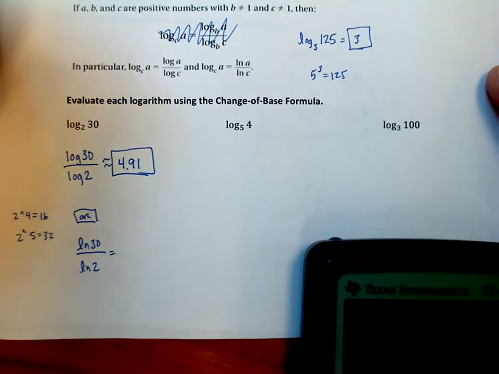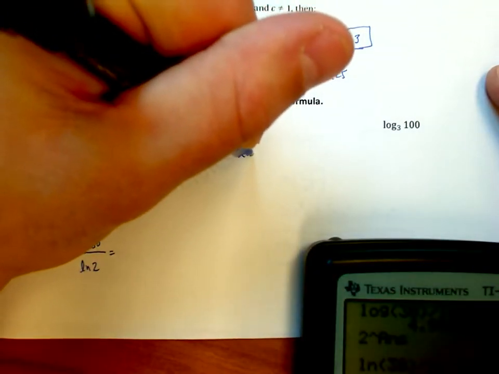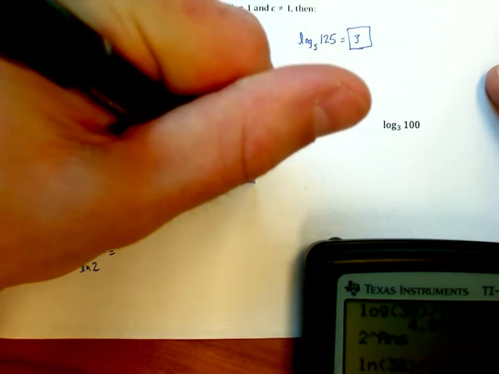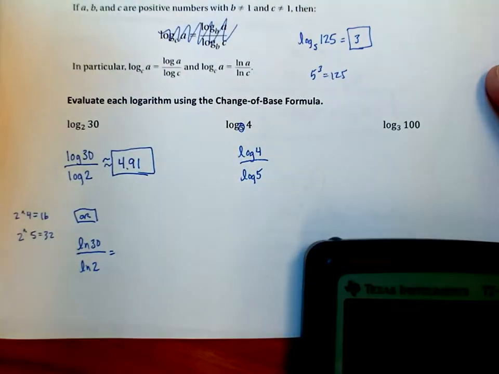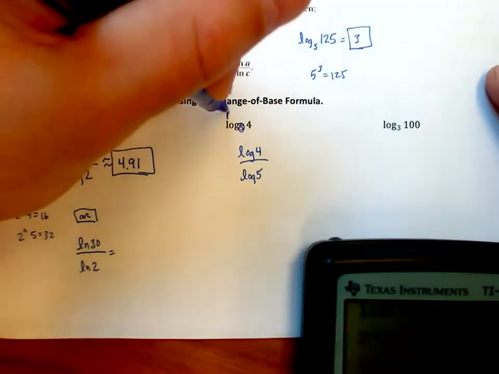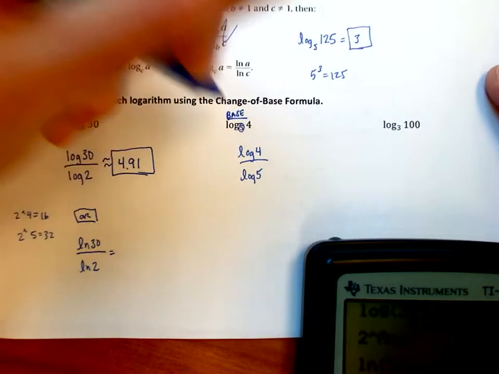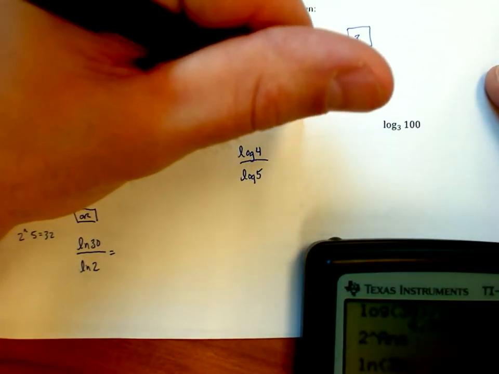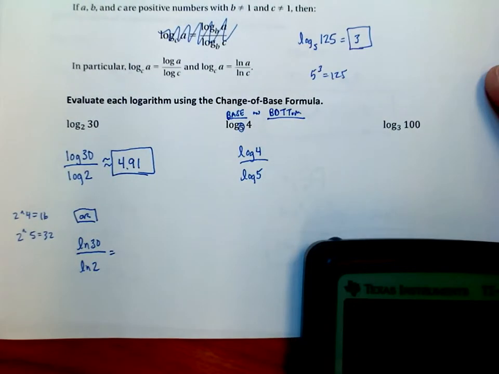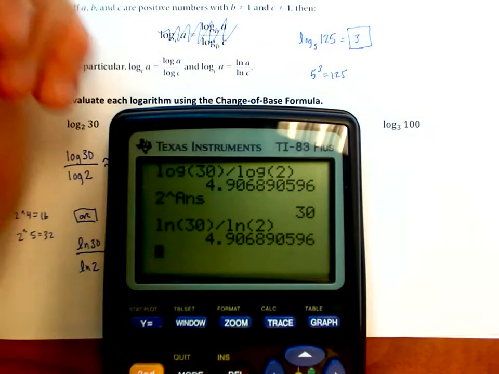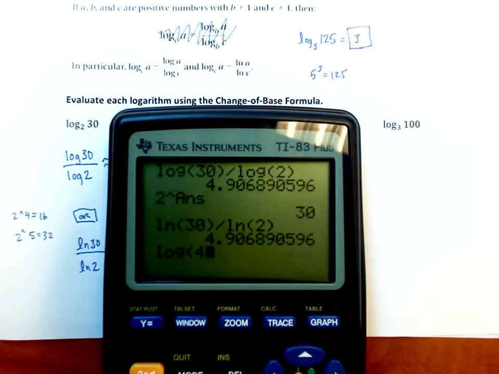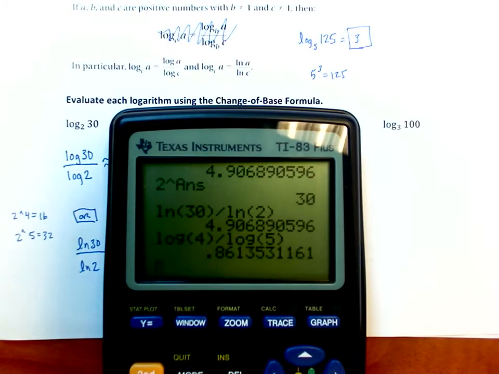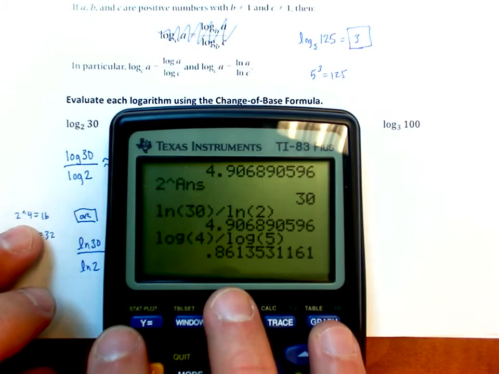So let's evaluate just a couple more. Log base 5 of 4, I can rewrite as log 4 over log 5. The base goes on the bottom, right? Base of the logarithm on the bottom. They both start with B, so use that to remember, okay? If I do on my calculator log of 4 in the parentheses divided by log of 5 in the parentheses, I get 0.861.